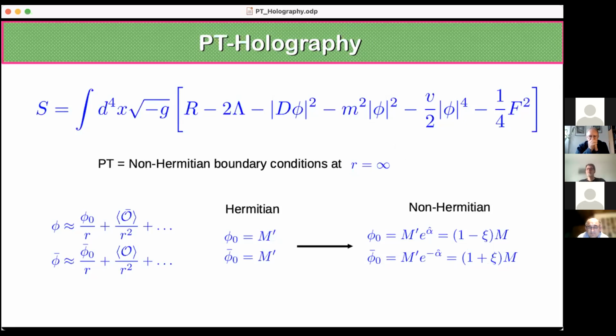Like in this simple quantum mechanical system, I had this vector of couplings J, and I did a hyperbolic rotation and generated this non-Hermitian Hamiltonian. And here, this is exactly the same principle.